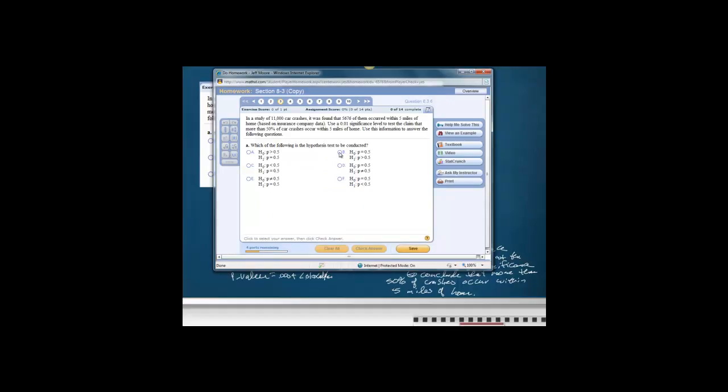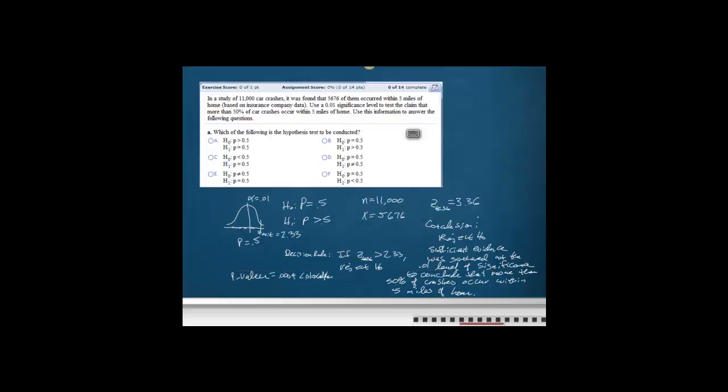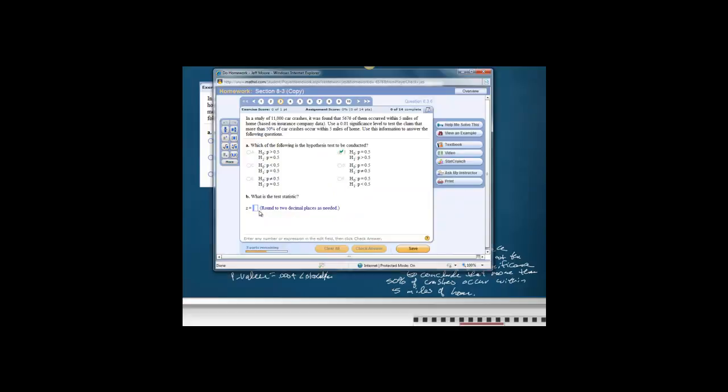Our hypotheses that we designed looked like this: p equal to 0.5, p greater than 0.5. Our test statistic was 3.36. The p-value was 0.0004.